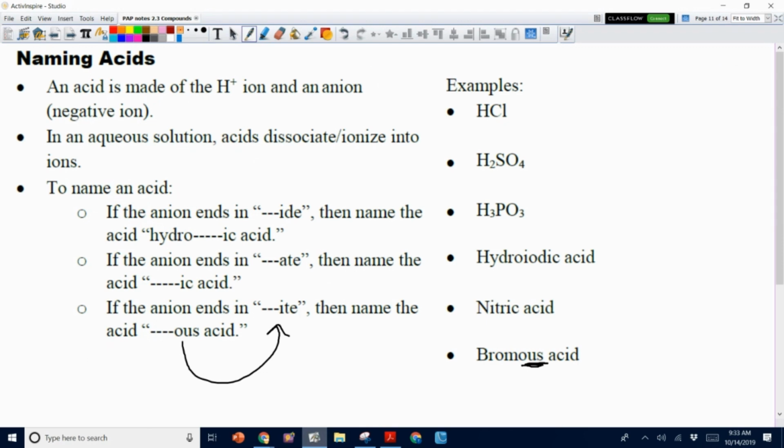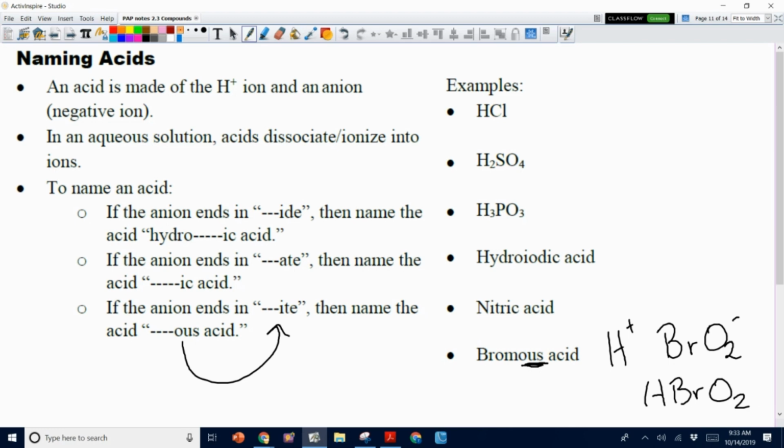All right, so bromite is BrO2. It's a -1 charge, so it bonds with hydrogen. So those have the same number, +1, -1. So it's just HBrO2. It's bromous acid.